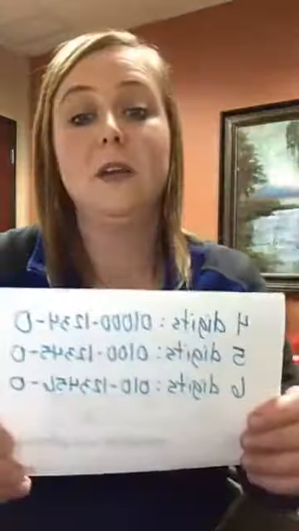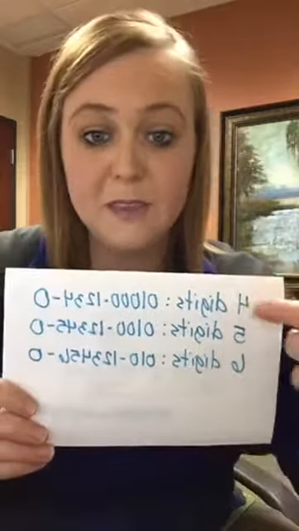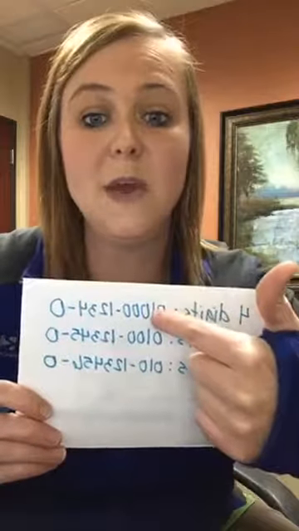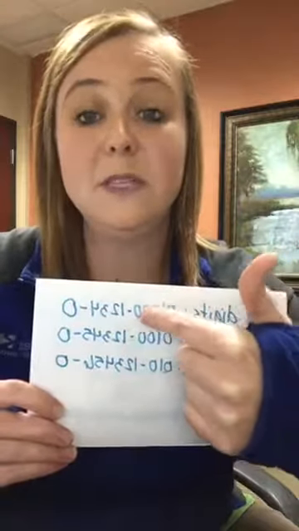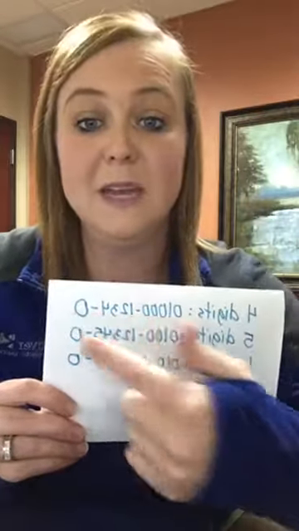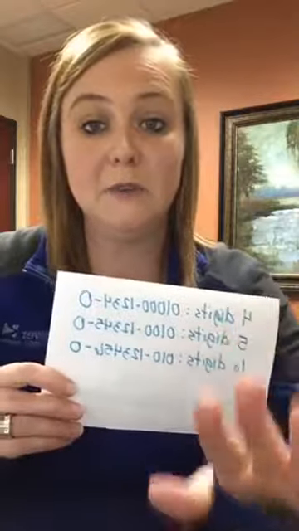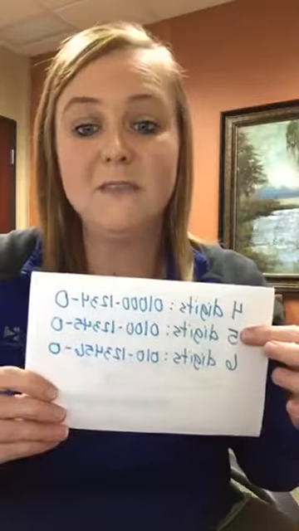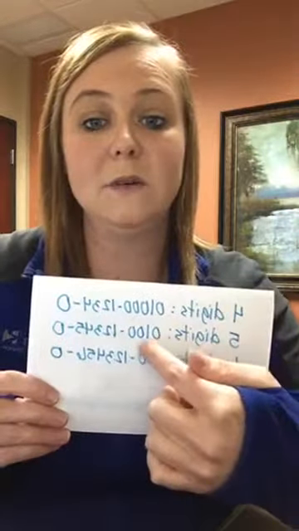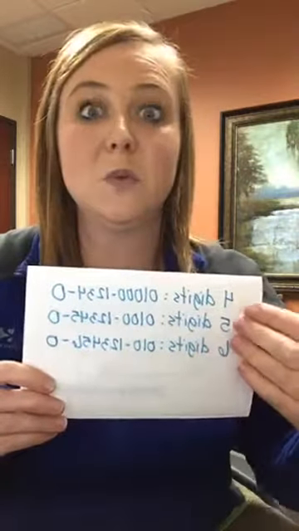If you have 4 digits in your account number, then it needs to be a 0, 1, 0, 0, 0, and then 1, 2, 3, 4, and then another 0. The dashes aren't necessary. I just have those there for you guys. If it's 5 digits, it's going to be a 0, 1, 0, 0, and then your 5 digits and a 0.